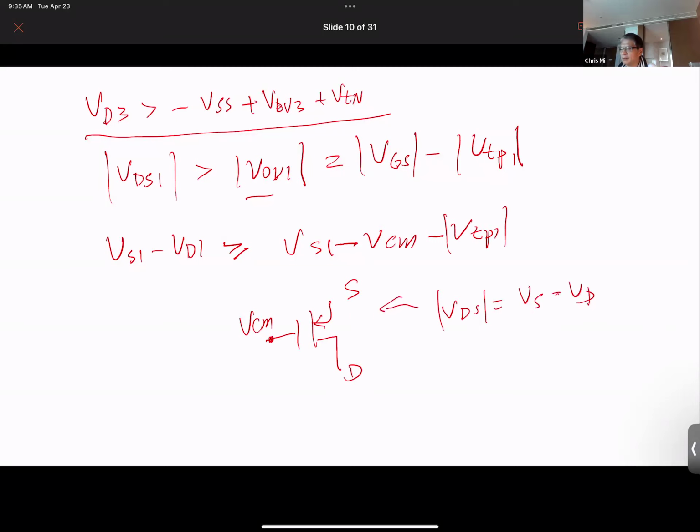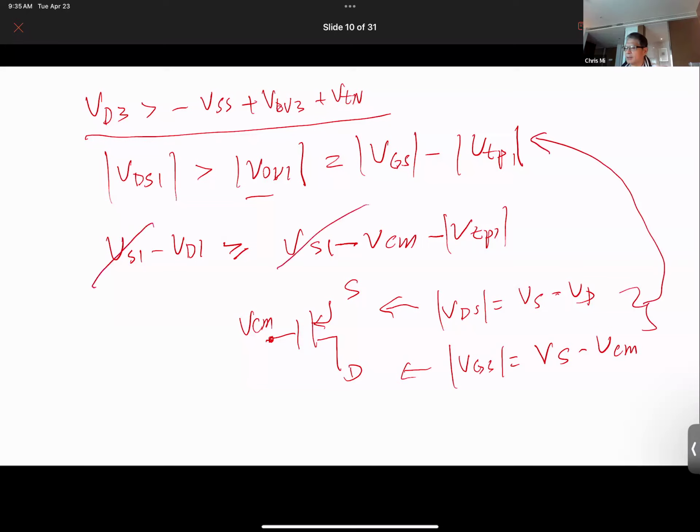And also VGS absolute value equals VS minus VG, which is VCM. So we plug these two equations back into this equation, we have VS1 cancel. So we have VCM, moving to the left side, larger than VD1 minus VTP.